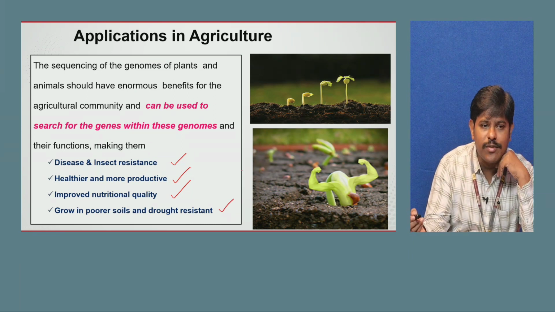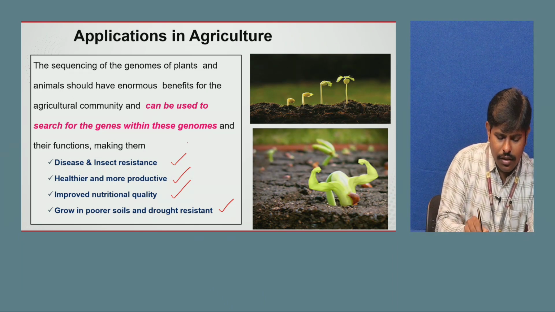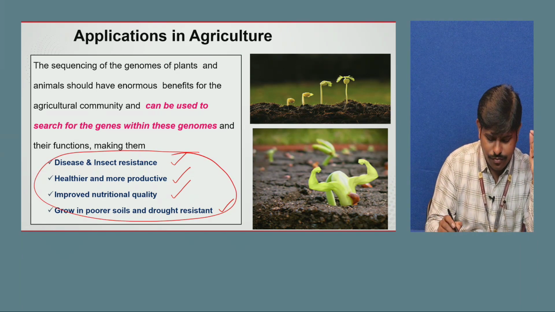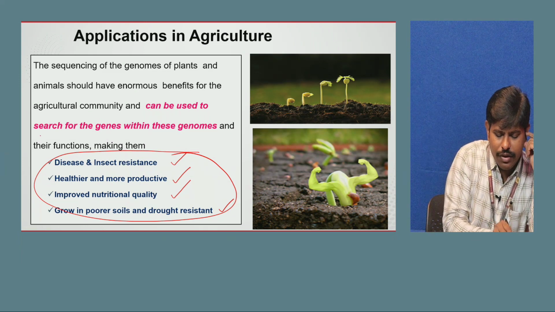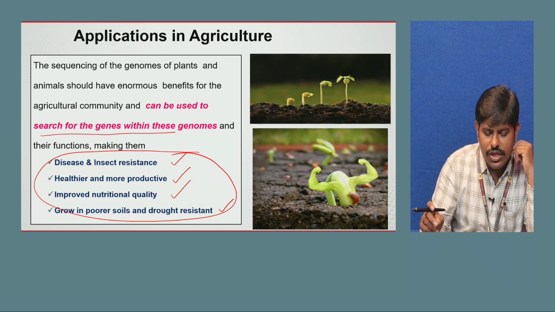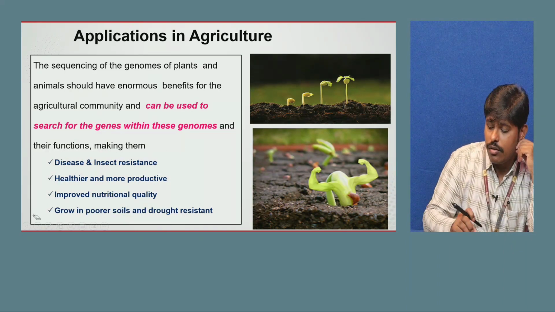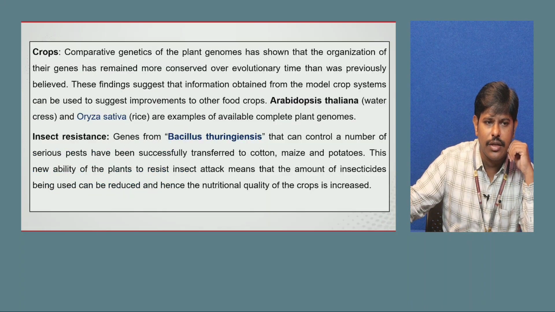So bioinformatics helps agriculture find the genes or proteins in genomes which can help us cultivate plants with these good qualities. Basically, using bioinformatics, we can search for genes in the genomes for the best qualities for the development of agriculture.